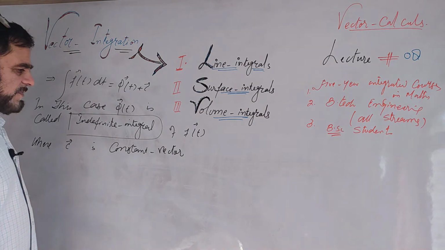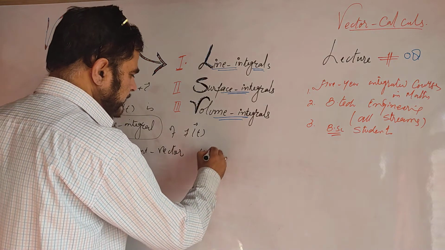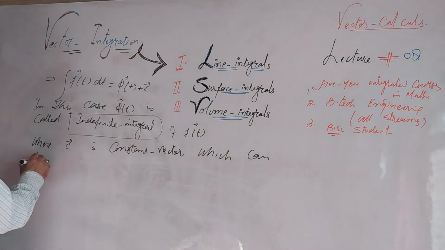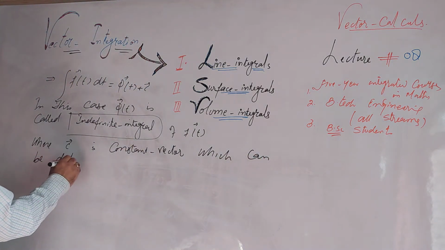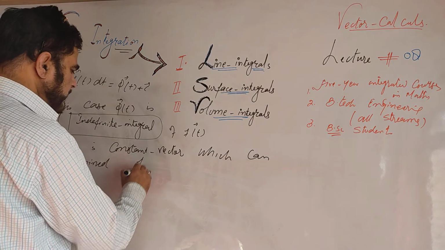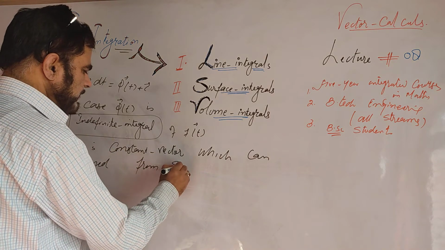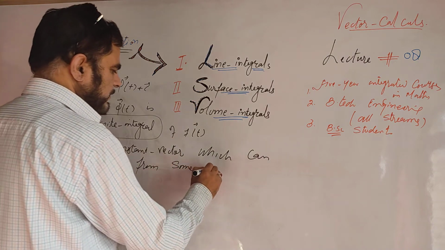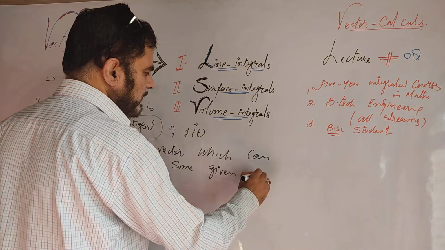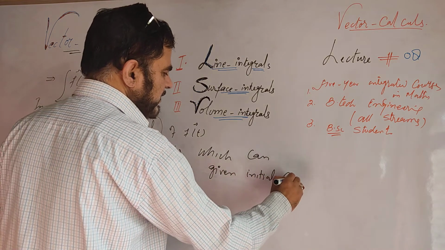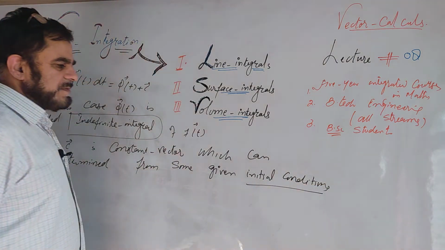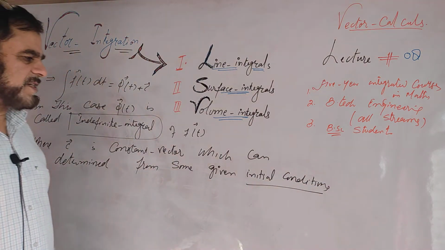Where C is a constant vector which can be determined from some given initial conditions. As you know, in integration we will be given some initial conditions.